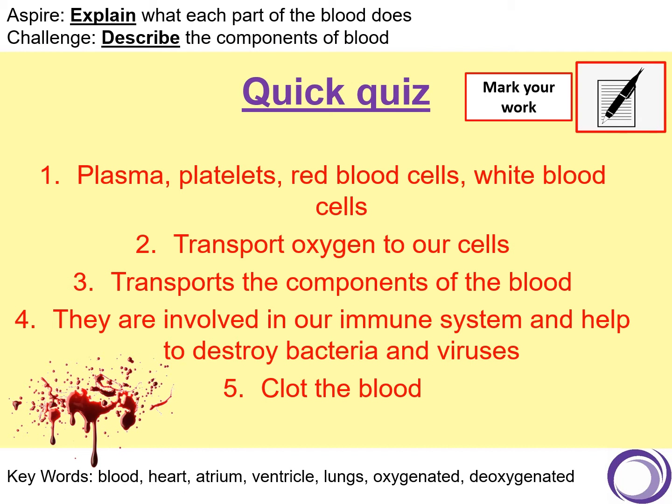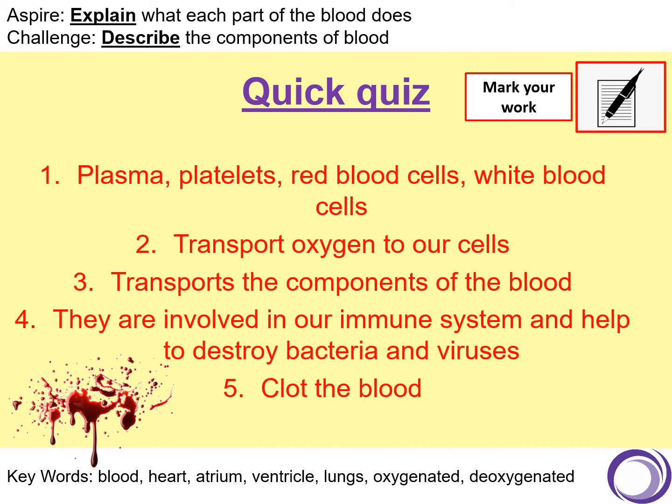They transport oxygen to our cells. Question number 3 was, what does the plasma do? The plasma, remember, is the straw-coloured liquid that transports all of the components of the blood.